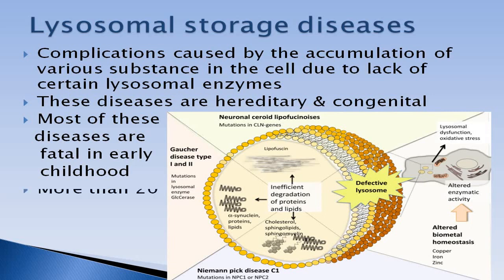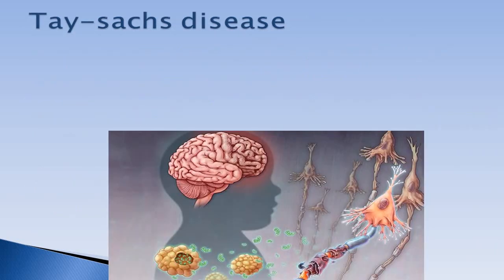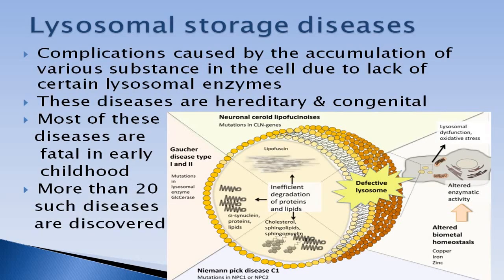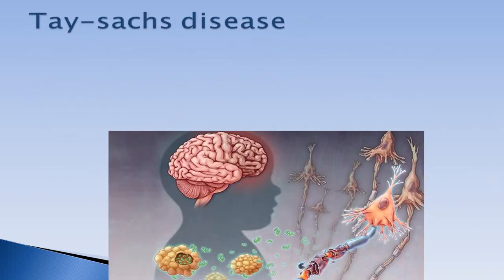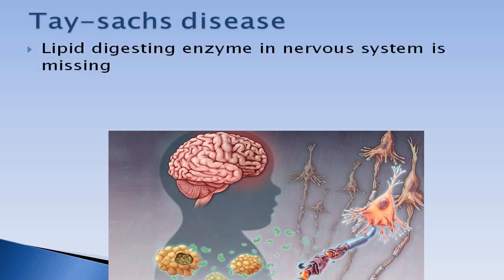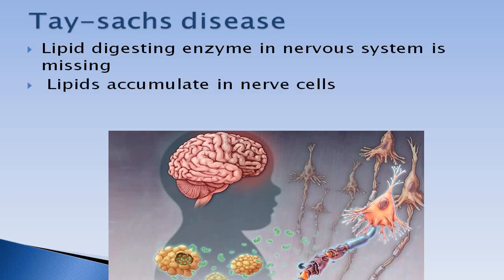These diseases are hereditary due to mutation in the genes and are congenital, meaning present at the time of birth. There are many different types of lysosomal storage diseases, about 20 different types, and one of the most important is Tay-Sachs disease. In Tay-Sachs disease, the enzyme which is responsible for digesting lipids in the nervous system is missing.